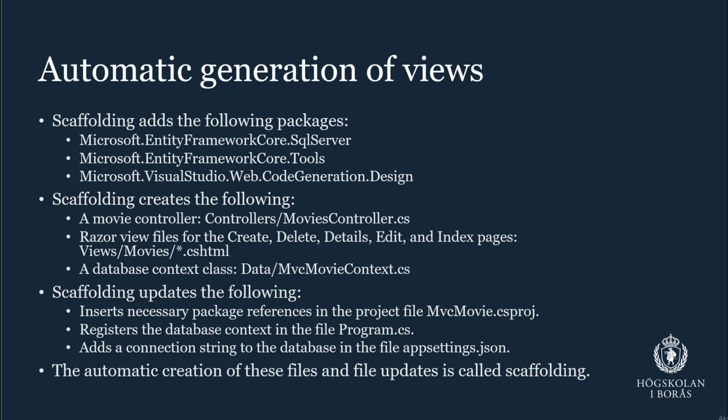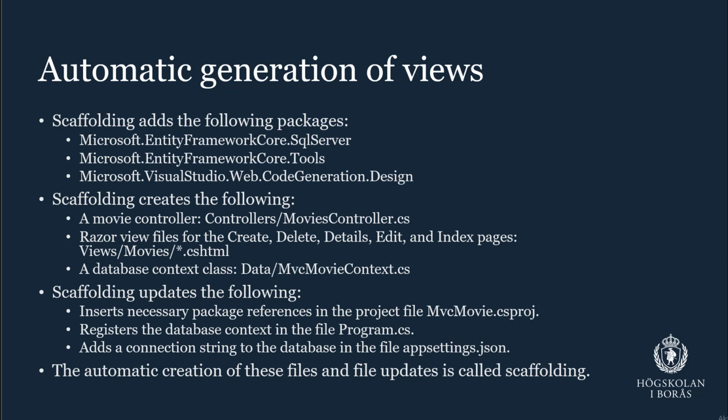It has also connected all of these views with actions in our controller, together with the Entity Framework MVC movie context as well. By using the scaffolding tool, it has also updated the following things. It has inserted necessary package references in the project file MVC movie.